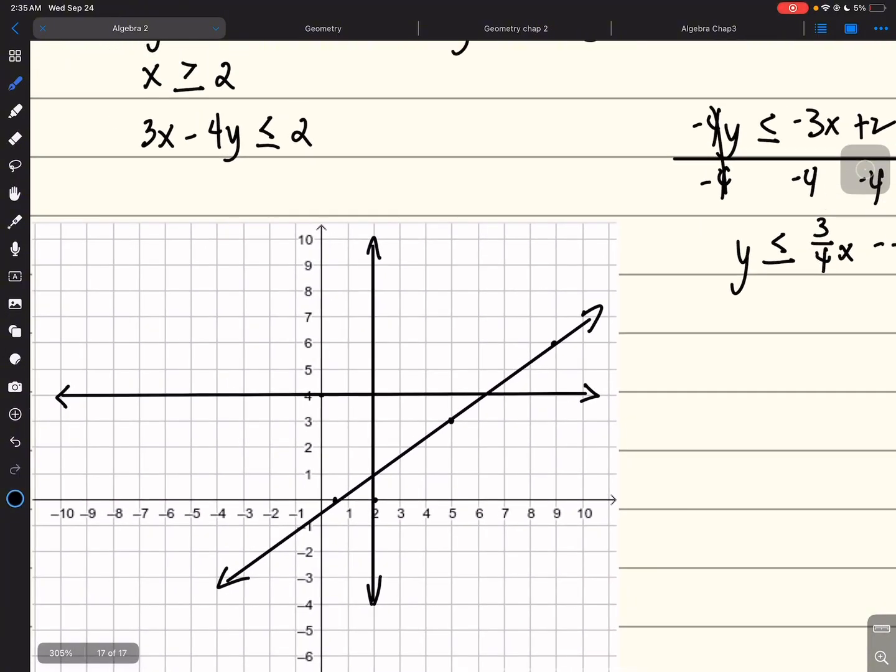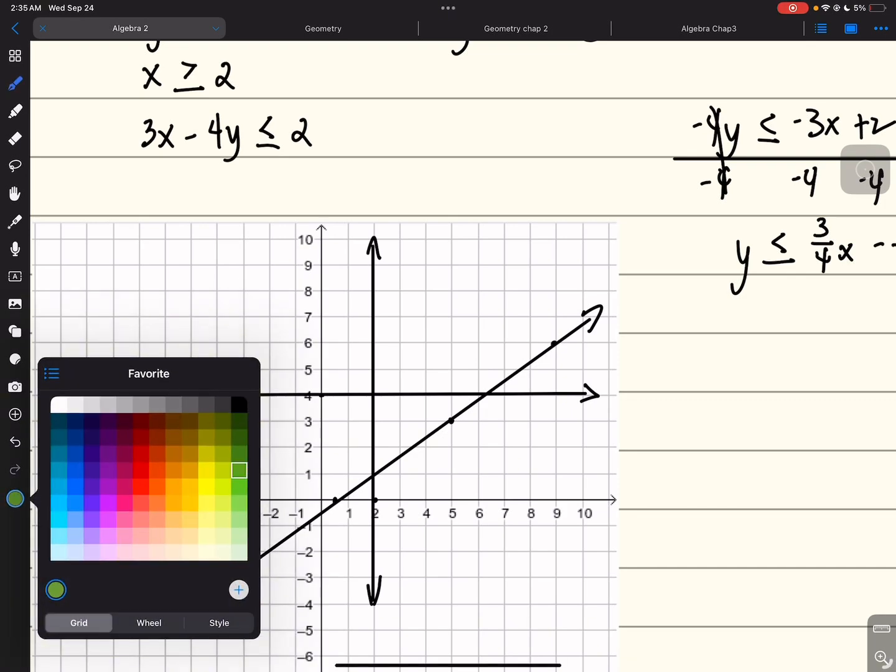And we all know once it creates a triangle, inside the triangle is the feasible region. Okay? Now, after we determine the feasible region, let's shade it green.